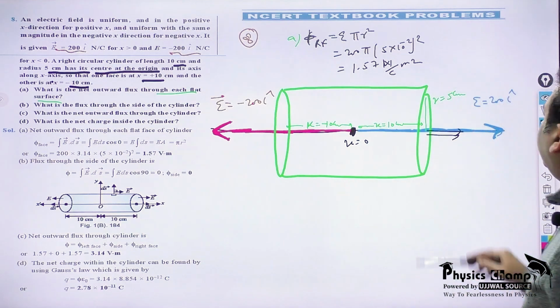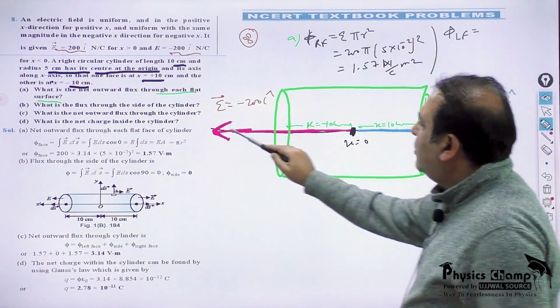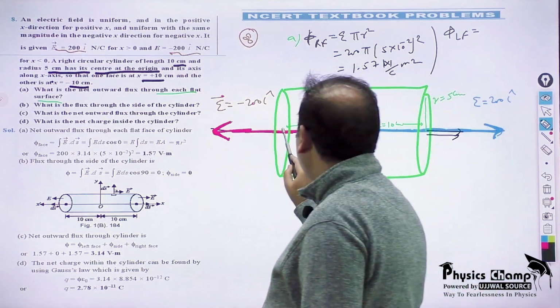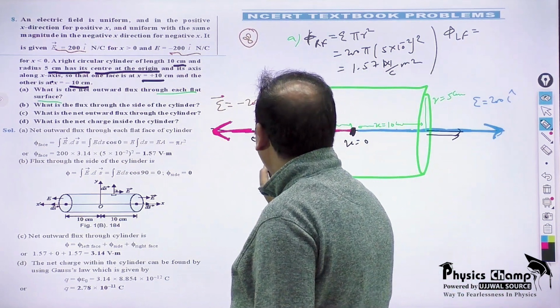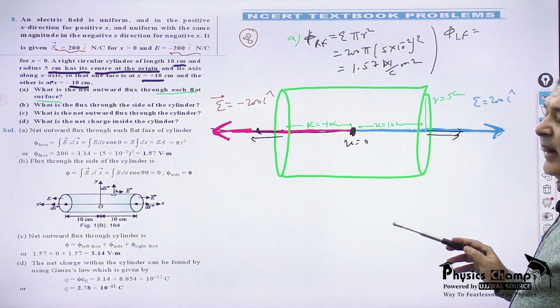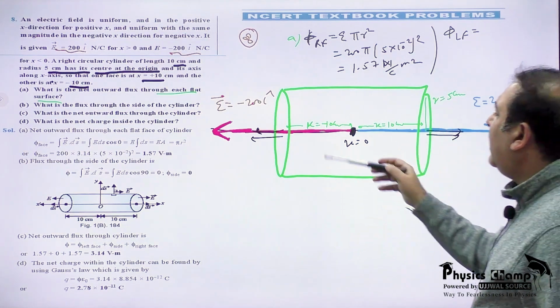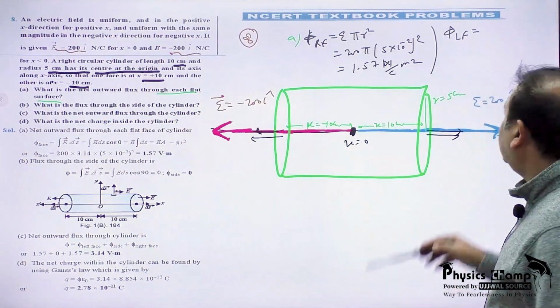Similarly, what is the flux through the left flat surface? Through the left flat surface, electric field is here and area vector is also in the same direction. So at this end, I would say electric field may have a negative direction, but area is also in the same direction and flux is a scalar quantity.